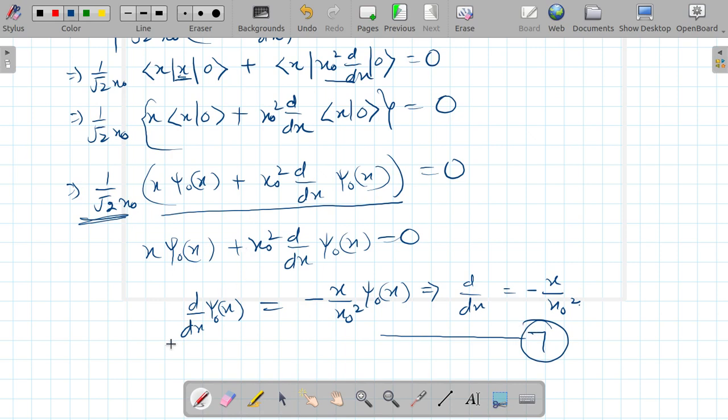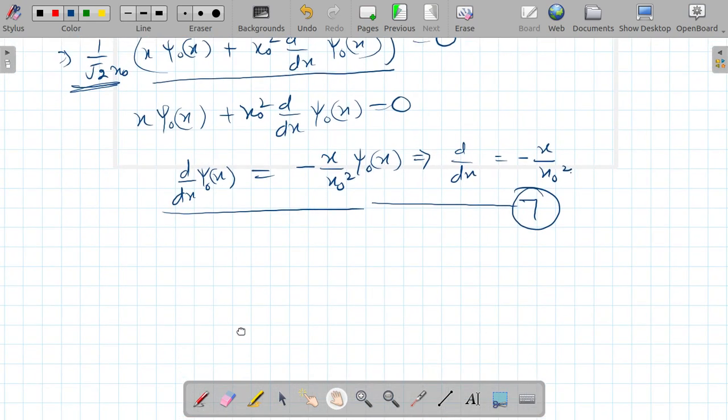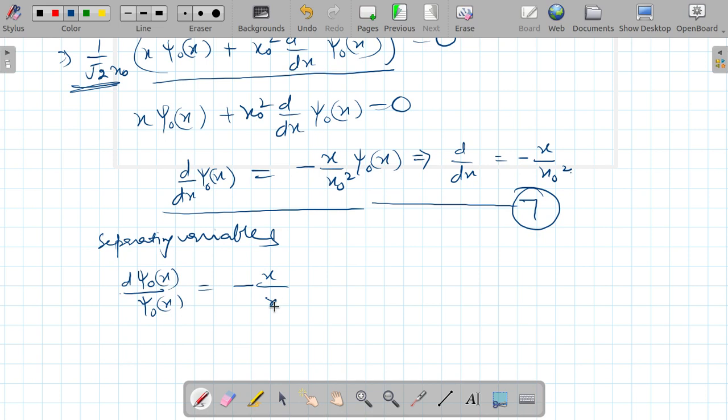Now, to find its solution we have to separate out the variables. So separating variables, it can be written as d psi naught x over psi naught x is equal to minus x over x naught square into dx, and then integrating.